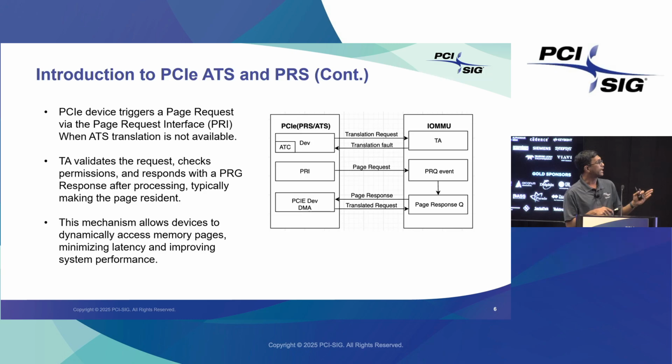Now if you see ATS and PRI, if you enable both the capabilities, then we will see a lot of good performance, because even if a page is not available, we can continue and use this PRI capability. It makes it possible to dynamically access memory pages, and it minimizes the latency and improves the I/O performance.